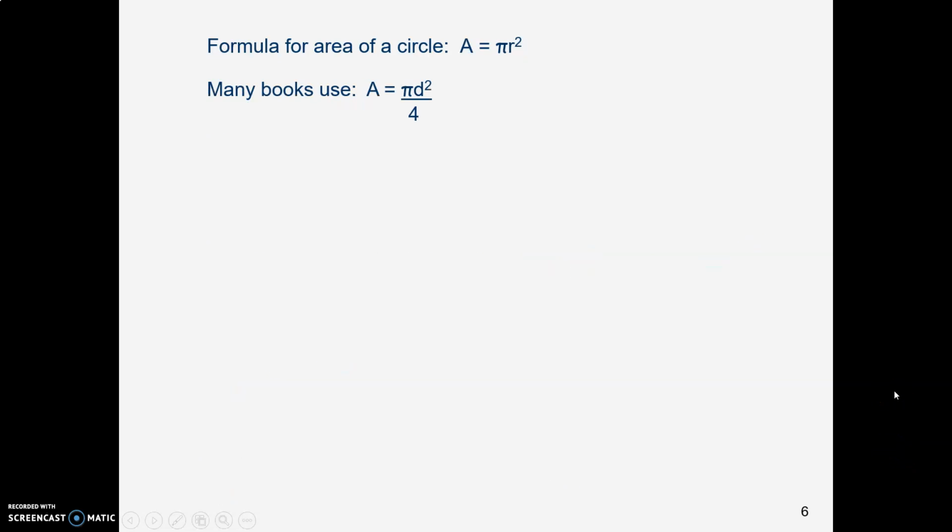The other thing that we've looked at before, but I just want to review it again, is that while we are commonly using area equals pi r squared, our book uses area equals pi d squared over 4. And let's think about why he does that. Because, as we remember from looking at pictures of circles, radius is half of diameter.